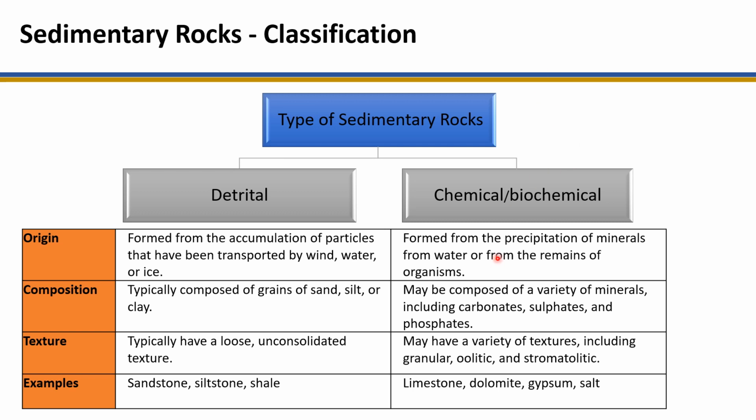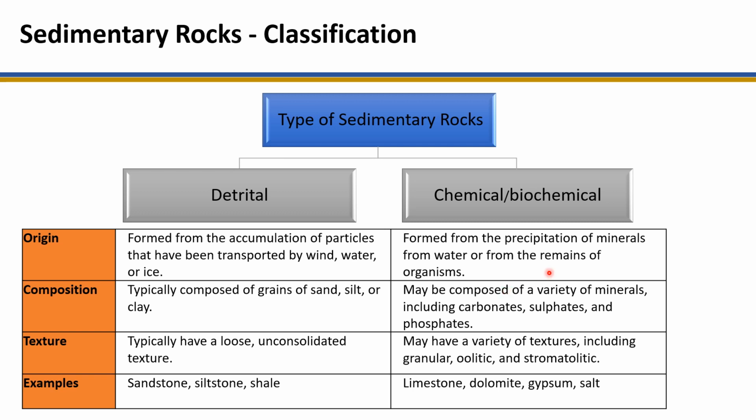And then we also have chemical sedimentary rocks. Chemical or biochemical sedimentary rock types are formed from the precipitation of minerals from water. The minerals that precipitate can be of any type, but the most common minerals in chemical sedimentary rocks are carbonate minerals such as calcite and dolomite.